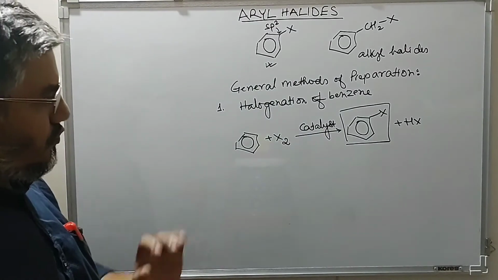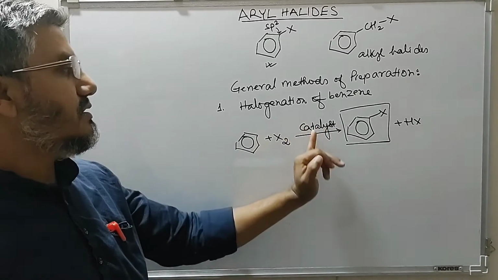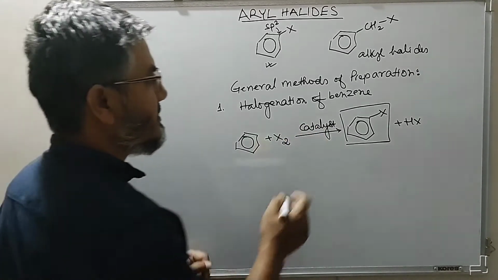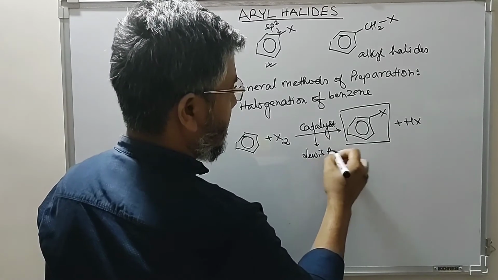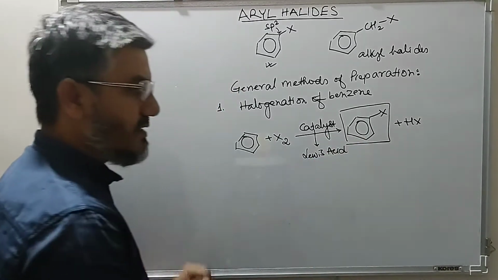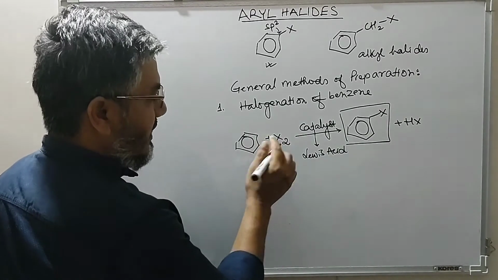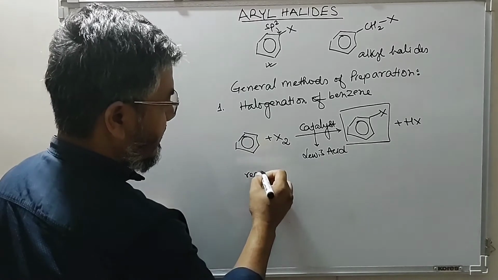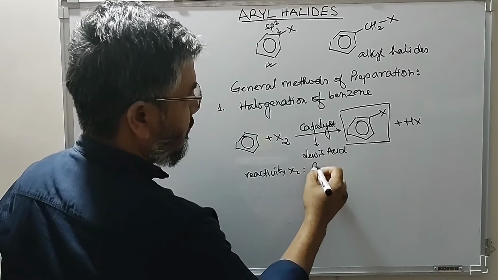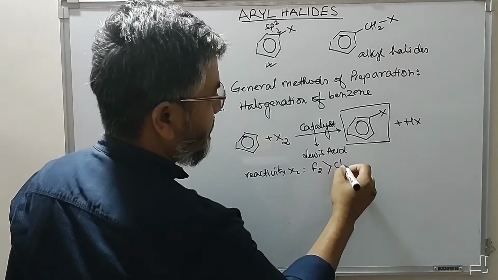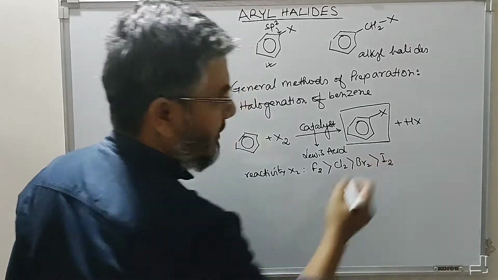So we have this benzene, we have this halogen, reaction in presence of a catalyst, and the catalyst in most cases is a Lewis acid catalyst. Now, out of the halogens, the reactivity order is fluorine most reactive, followed by chlorine, followed by bromine, followed by iodine.